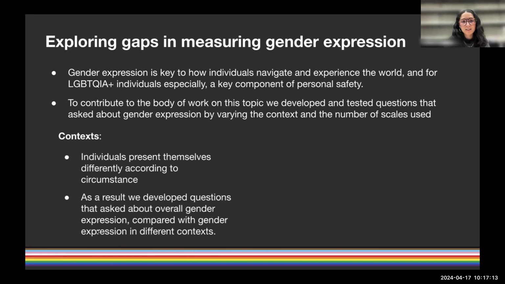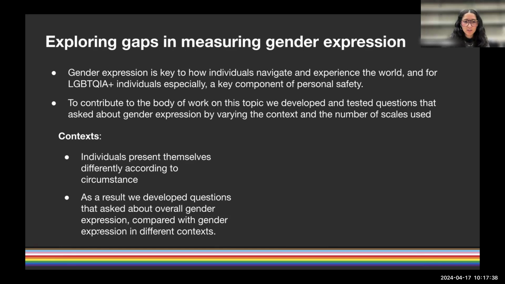The context was the first thing that we decided to vary. So in one experimental arm, we asked, generally speaking, how do you express your gender? And in the second, we asked in a variety of different settings, at work, in LGBTQIA spaces, etc. We'll get into the actual question phrasing in just a bit.